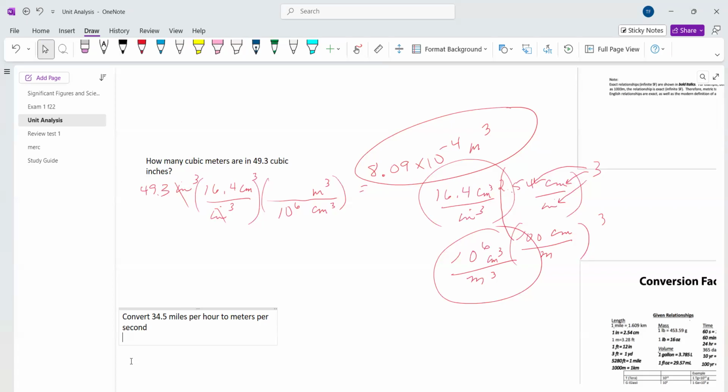Okay. Yeah, so you had 49, 16.4 on top. And then you cube that and divide by 10.6. Do you not get the same answer as me? I don't have my calculator, so I'm trying to do it on my phone.